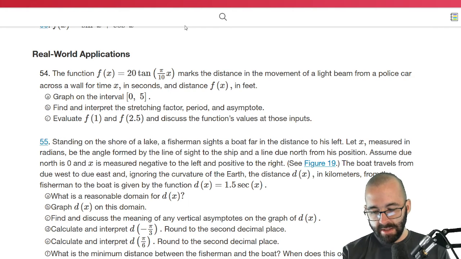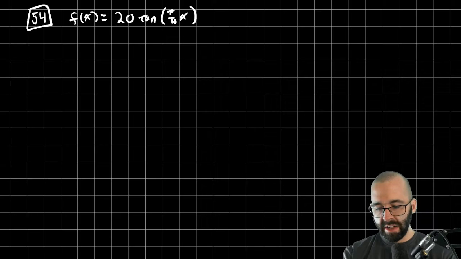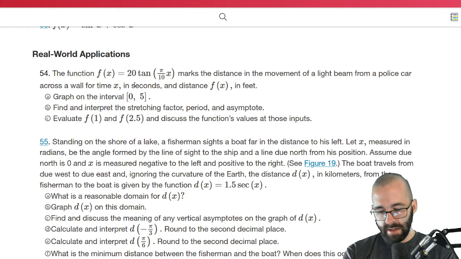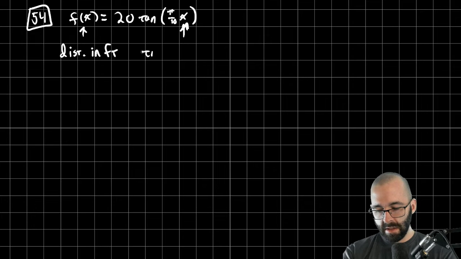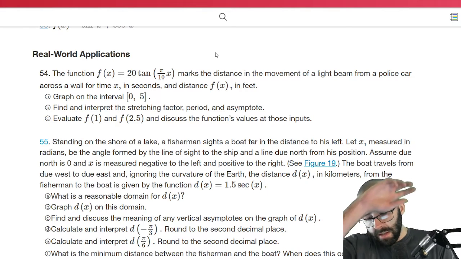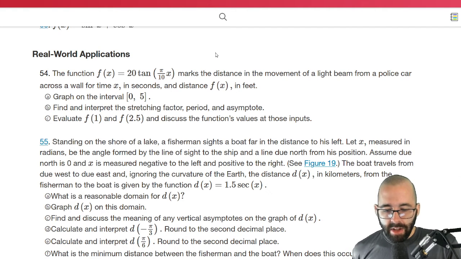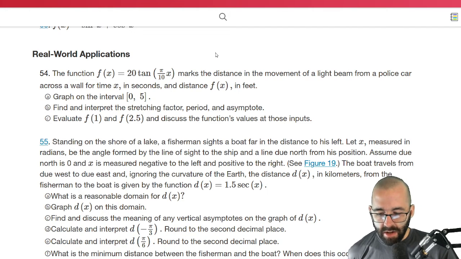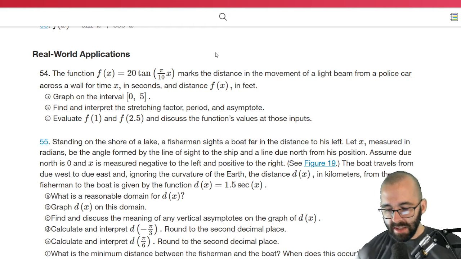All right, the distance, f of x is in feet. This is distance in feet, and x is time in seconds. In the movement of a light beam from a police car across the wall for time x in seconds.